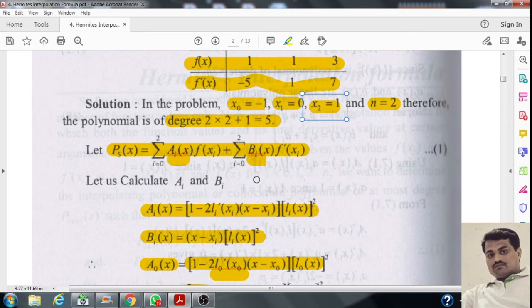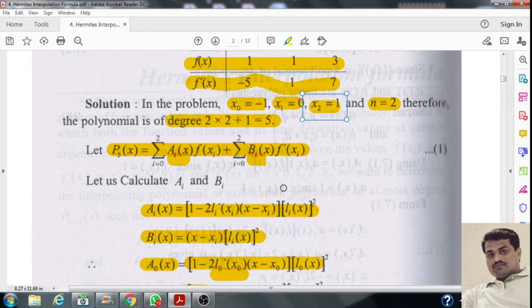Similarly, in the second term, expand this summation on i is equal to 0 to 2, we get b naught x of f dash of x naught plus b1 of x into f dash of x1 plus b2 x of f dash of x2. And also using this table, we can consider this is f dash of x naught, f dash of x1, and this is f dash of x2.